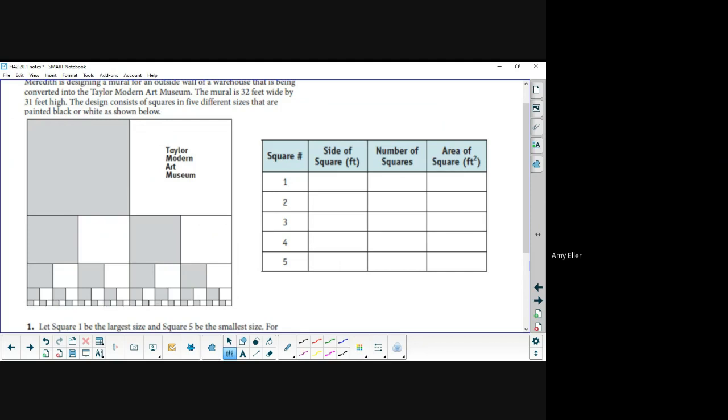So let's go with this first one. This here is going to be our square number 1. How big is this side? If the whole thing was 32, that's got to be 8, half of 32. 16.